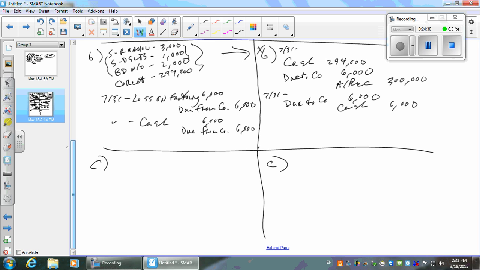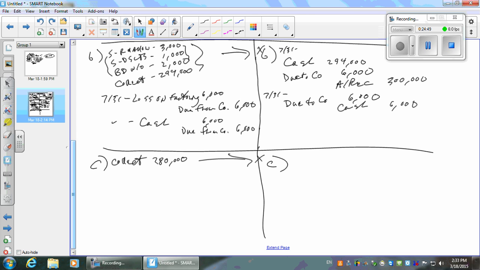And we finally give up. We only collect, so that's why we're not collecting the whole 300, okay? We collect 280,000. So that's how much they collect over here.